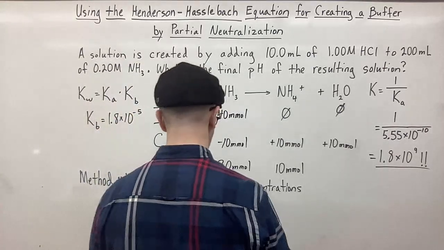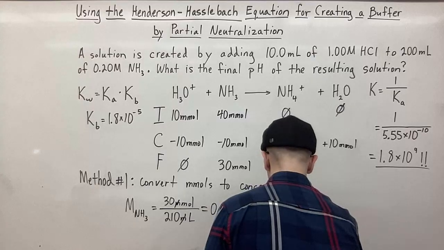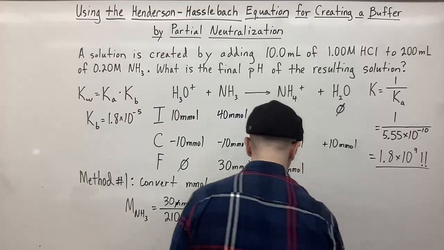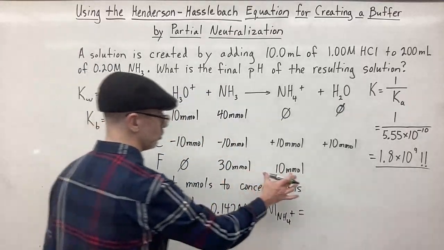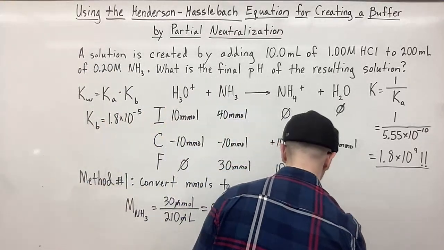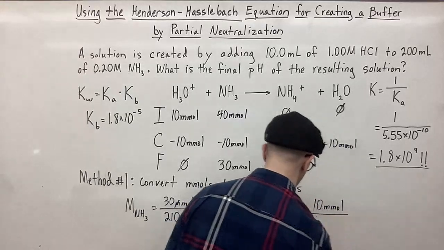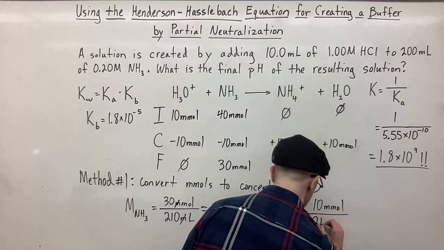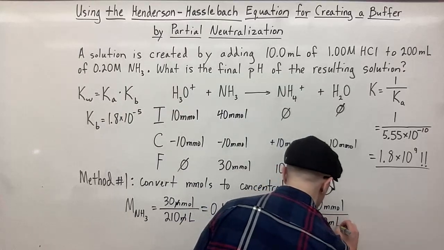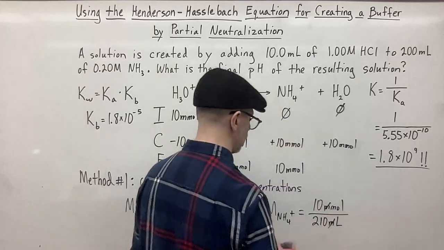And then I do the same thing with the molarity of NH4 plus. So that's going to be equal to the millimoles, 10 millimoles of NH4 plus divided again by the total volume, 210 milliliters. Milli cancels out. We got moles over liter.